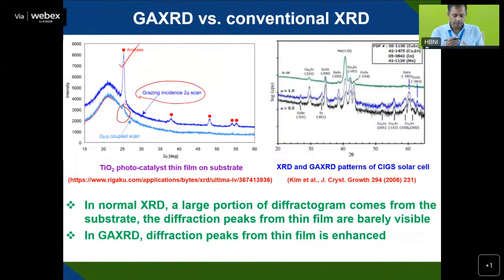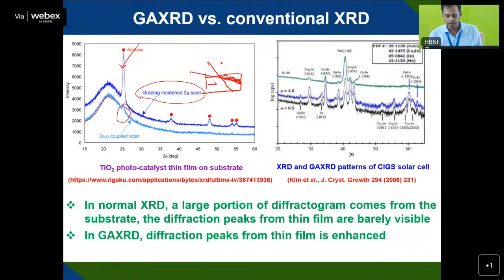In a conventional XRD with a thin film, your penetration depth will be large, but if you use a small angle, your area for study is quite large. The X-ray is mainly located inside the thin film and does not go to the bottom substrate, so you are able to see these peaks more clearly.